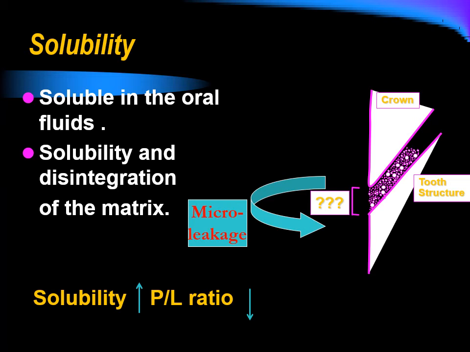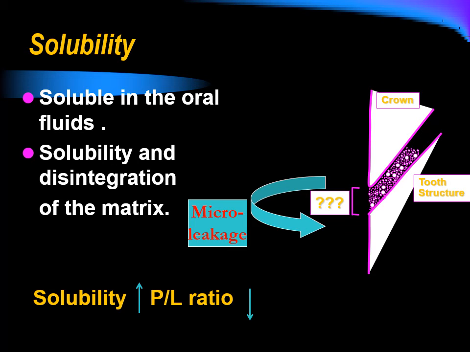The cement is soluble inside the oral fluid, and the solubility and disintegration of this cement occur first at the margins of the restoration. Here is the tooth, and this is the restoration, and this is the cement layer between them.